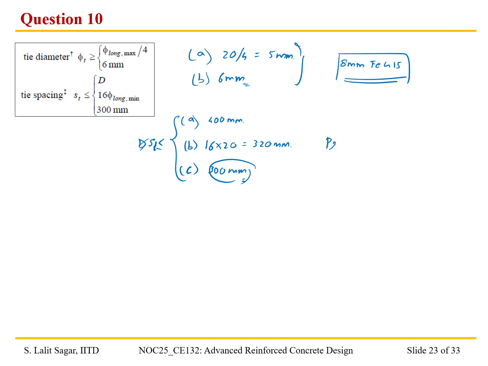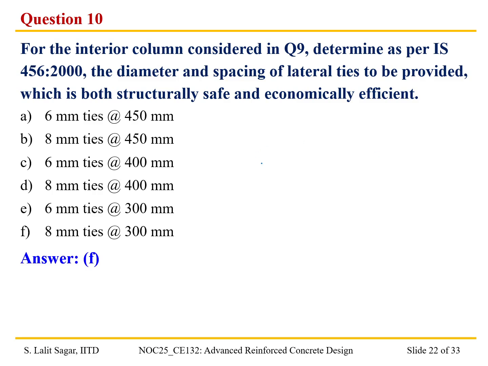So provide 8 diameter stirrups at 300 millimeter center to center, Fe 415. So option F is the correct response.